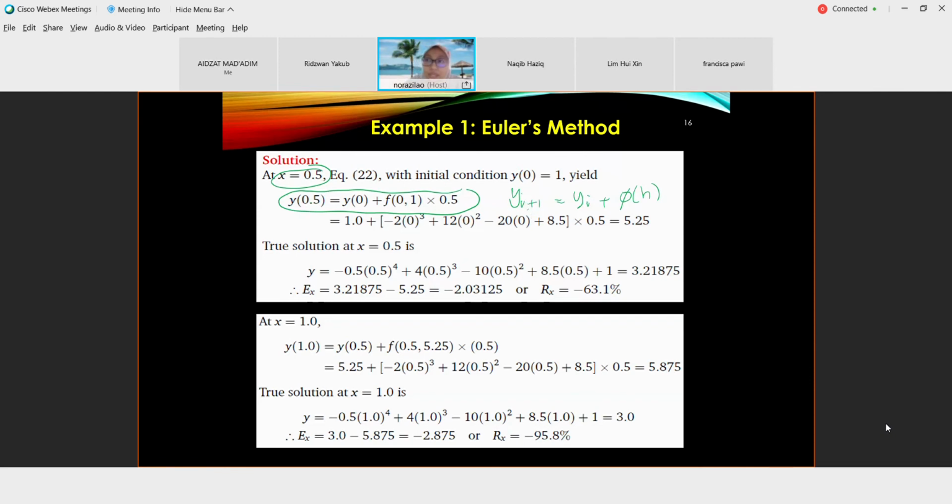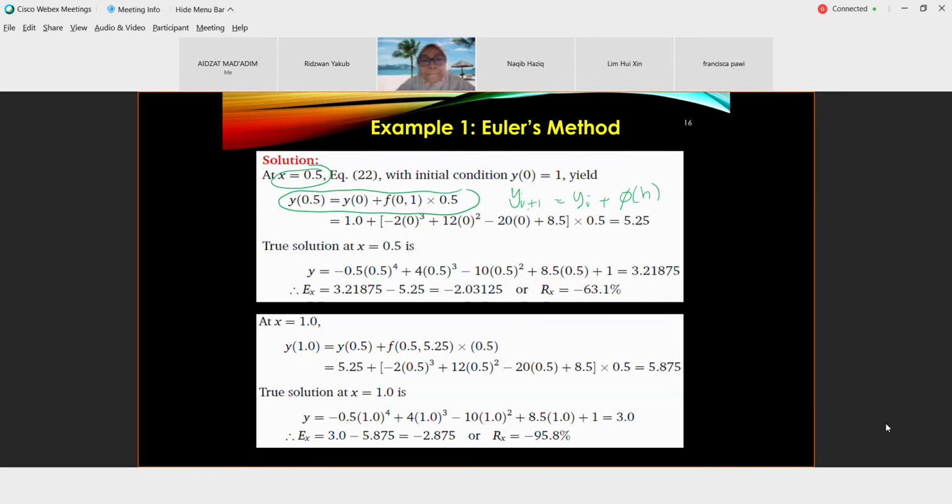I plus 1 means that i plus 1 step. So y 0.5 is equal y i plus 1, and y i is old value. What is the old value? Dalam case ini y naught. What is the value for y naught? Richmond?